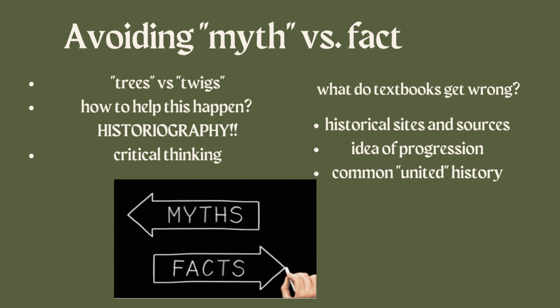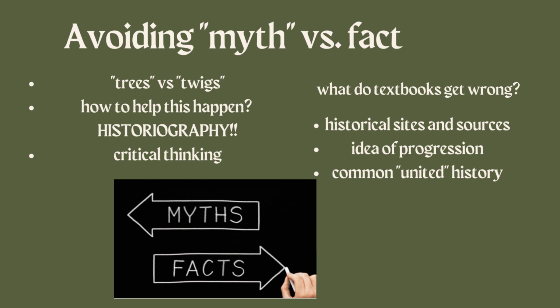And he talks about how this is possible to happen. We are all familiar with this word, historiography, and how historiography builds critical thinking. He talks about how textbooks get that historiography wrong. There are also other things, like historical sites and sources. They might say something happened in that location that didn't.